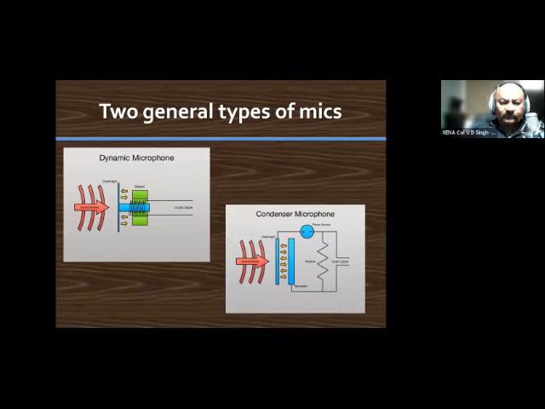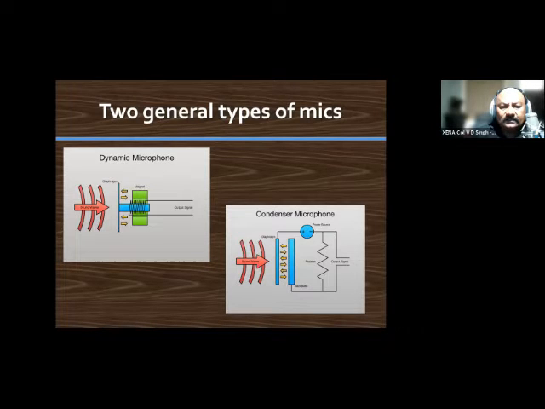Diagrammatically, all of you are basic students of science, so you will understand. Look at the diagram of the dynamic microphone. Sound waves are coming from the left side, shown by a pink arrow. Then there is a diaphragm. They hit the diaphragm, a very thin membrane made of plastic or rubber, which is attached to a moving coil.